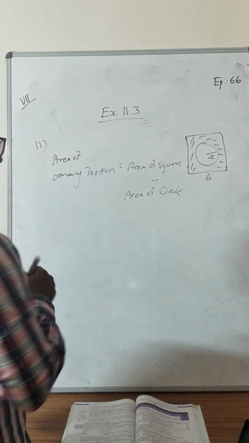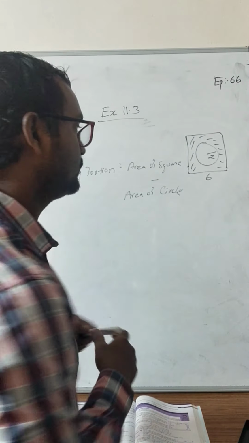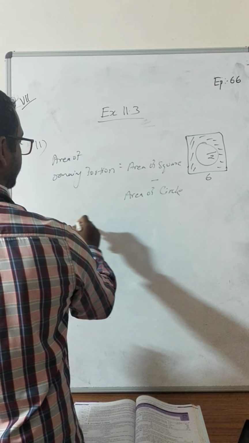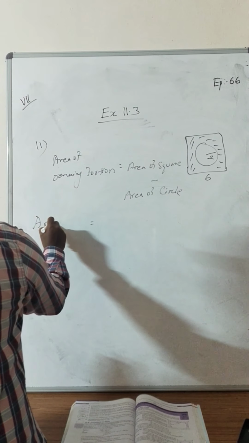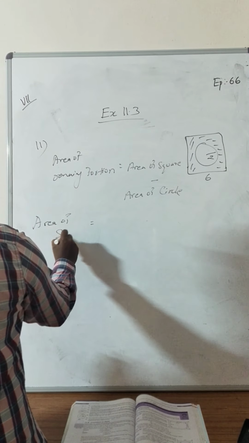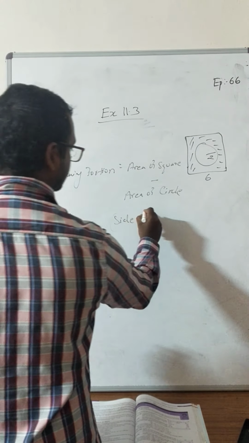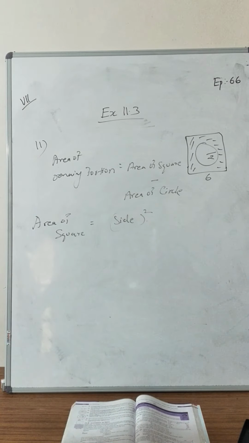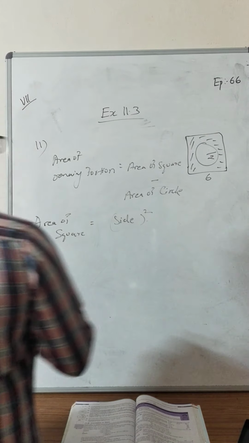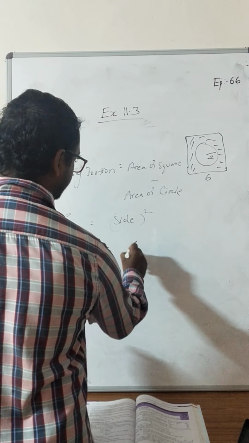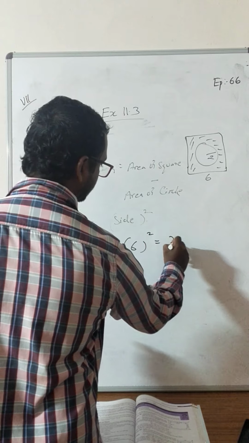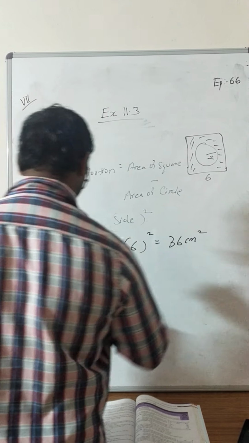So we have to find the square area and the circle area. The area of the square is side square. Side is how much? 6. 6 square is how much? 36 centimeter square.